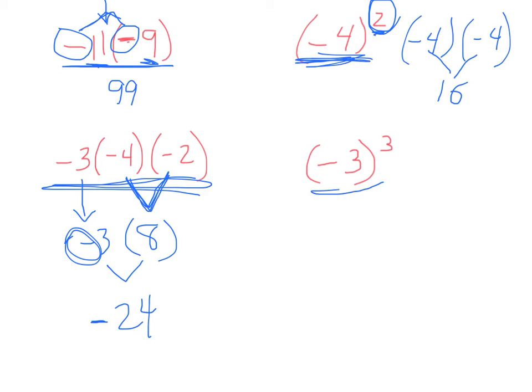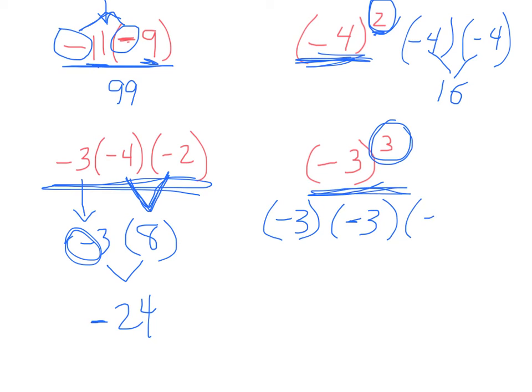My last one is negative 3 cubed. Just a reminder, that means negative 3, and I'm multiplying it by itself 3 times. So negative 3 times negative 3 times negative 3. It's a negative times a negative, so my answer is going to be positive when I multiply these two numbers. 3 times 3 is 9, that's going to be positive.